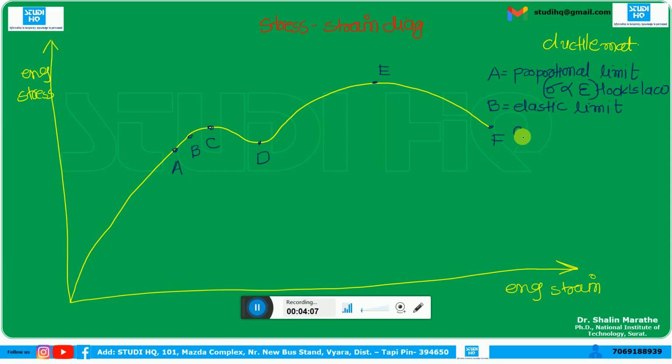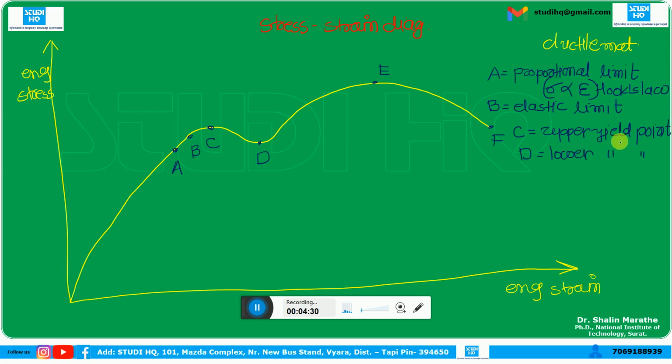Okay, then we have point number C, that is the upper yield point. Then we have point number D, that is the lower yield point. Yielding means deformation of material.